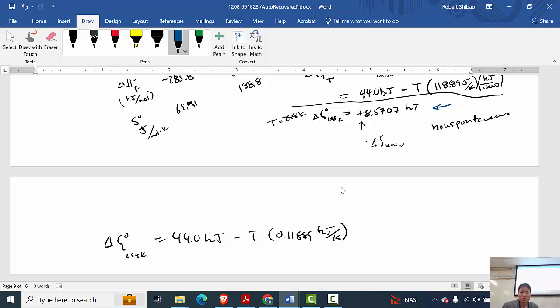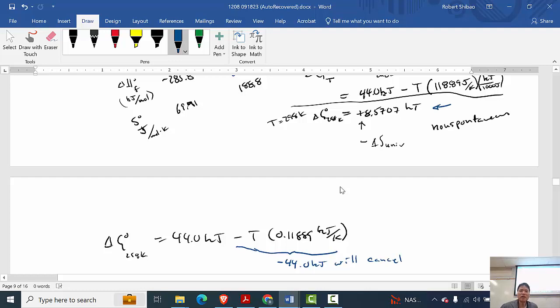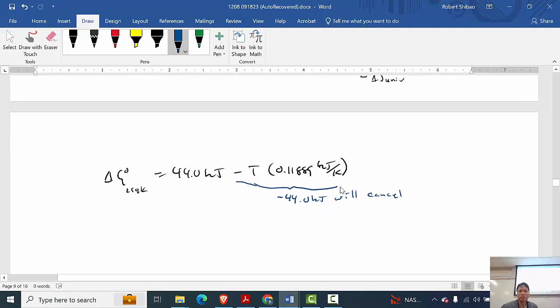So if I can get this term to equal negative 44, then I'll have my positive 44 here being canceled out by negative 44. And so I'm just trying to cancel out the unfavorable energy term.